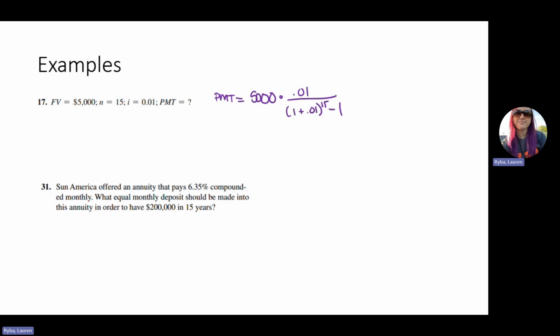It's going to look similar to other problems, except that future value and payment have flipped spots, and the fraction is flipped as well. So it's a reciprocal fraction, and payment and future value have switched locations.